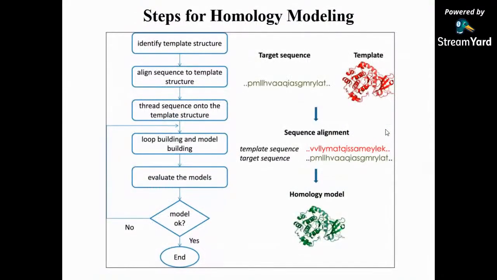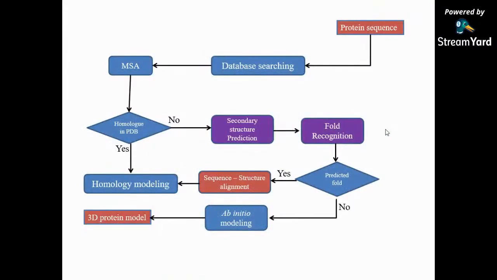After that, we need to perform the MSA, that is multiple sequence alignment, or pairwise sequence alignment, of the target protein and the protein sequence we obtain from the BLAST or database search result.